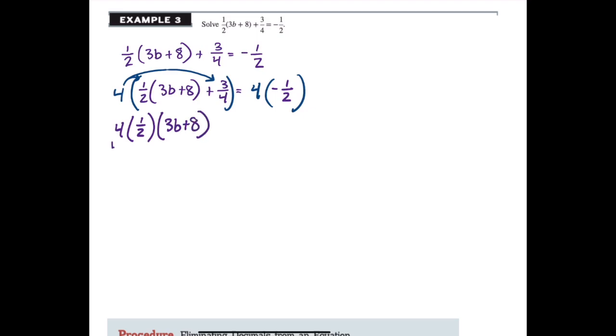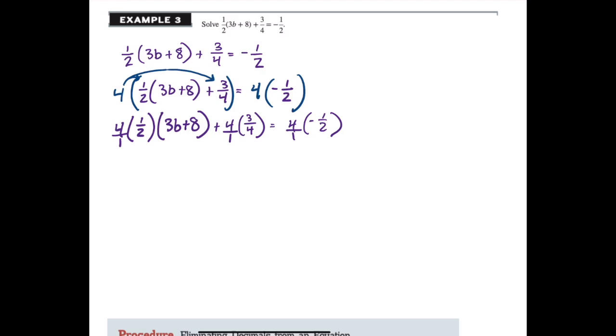So you see here, this all just becomes one object of multiplication, plus 4 times 3/4, because that 4 came over, multiplied, equals 4 times negative 1/2. So I'm just multiplying everything by 4. And we can think of this as a 4/1.